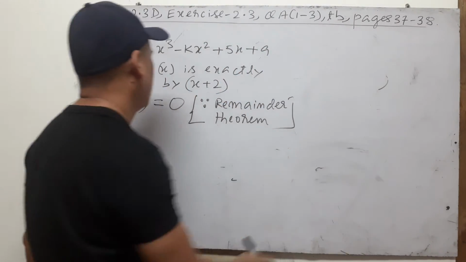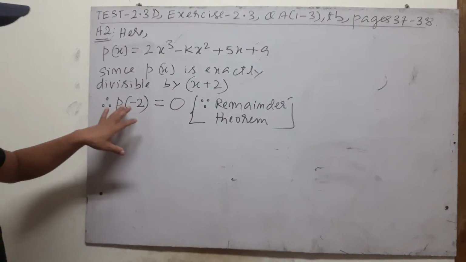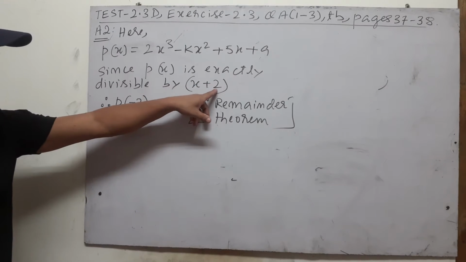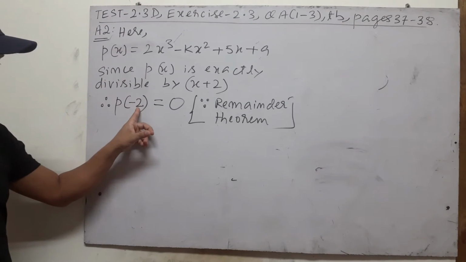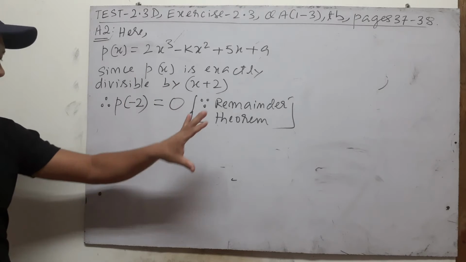So by the remainder theorem, definitely one of the roots is minus 2, so p of minus 2 will be equal to 0.